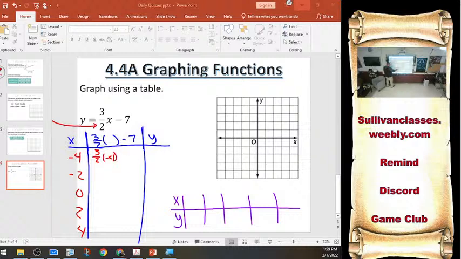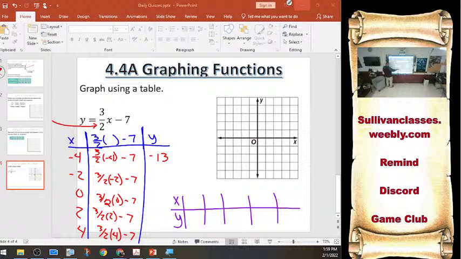3/2 by negative 4 minus 7. Like so. Negative 6 minus 7, negative 13.